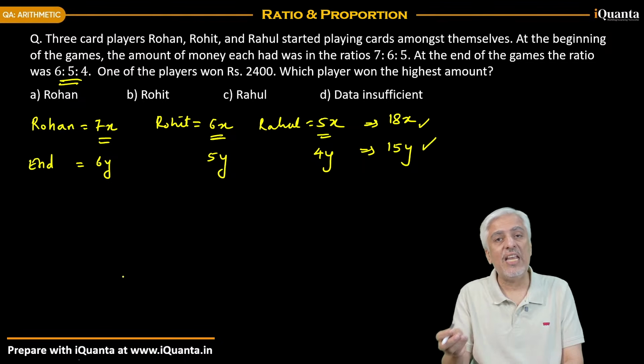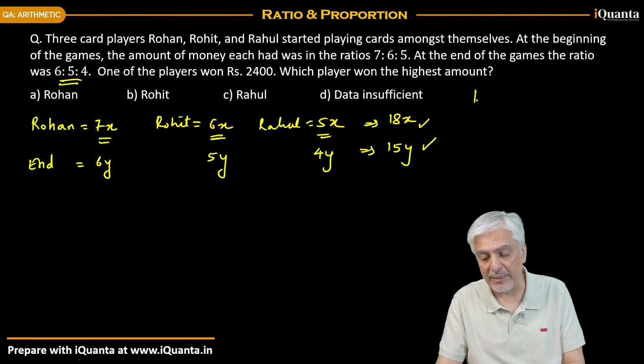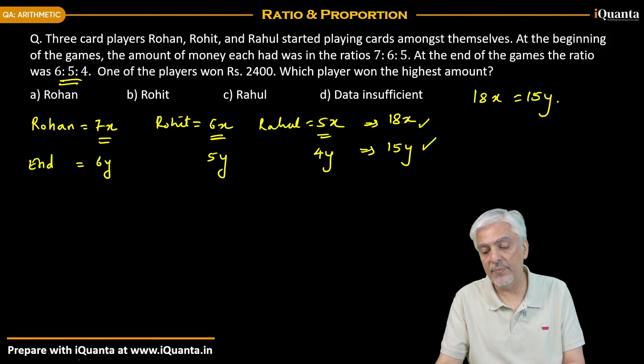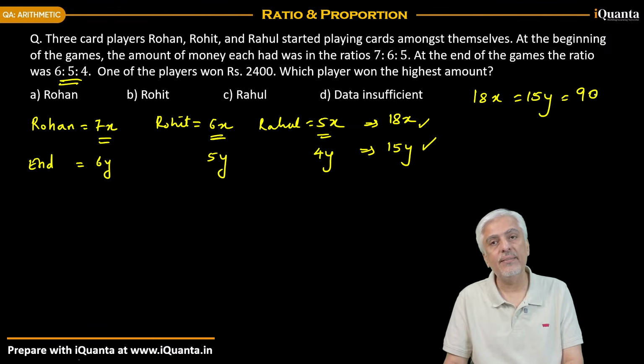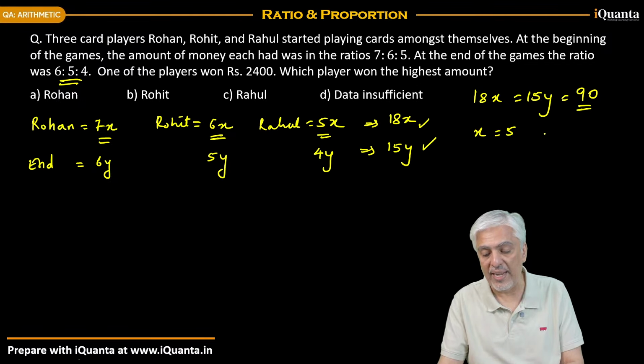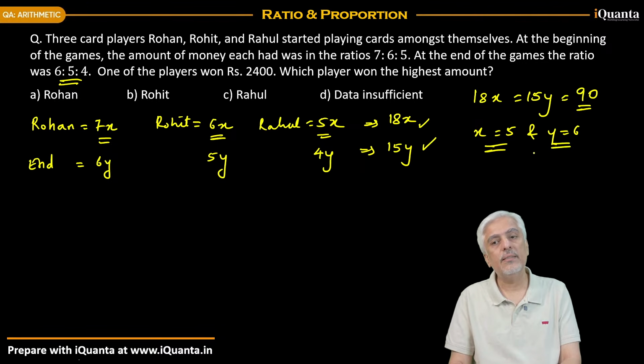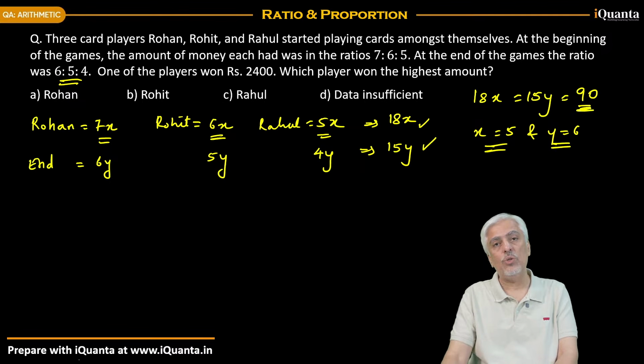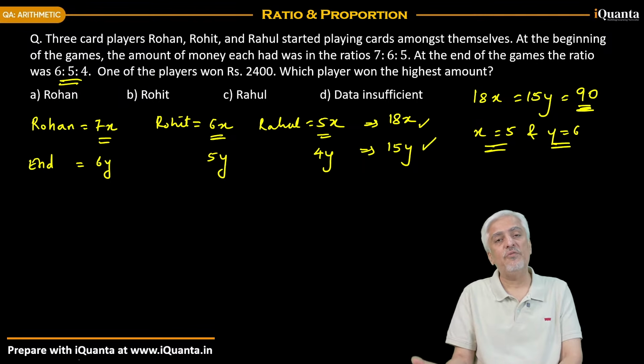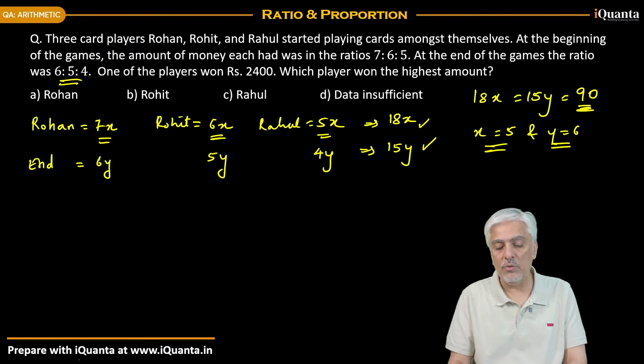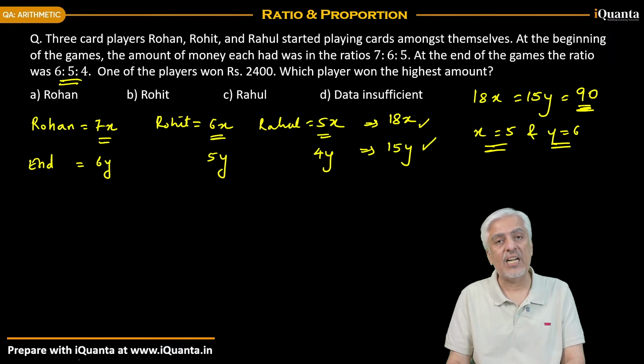So one more way, I did this method. I took 18x is equal to 15y equal to 90 LCM. So I could take x is equal to 5 and y is equal to 6. This 90 was the LCM which I took. If you don't take, you will get some fractions. Now, I calculate for everybody what did they start with and end with.